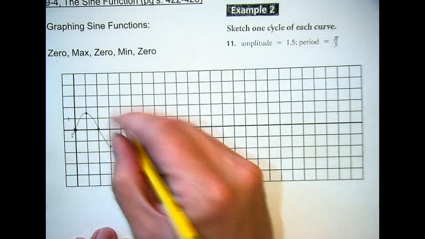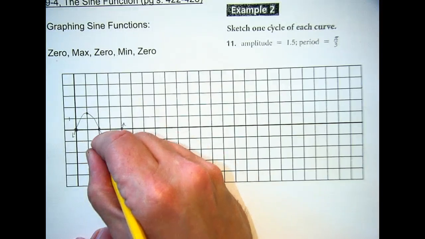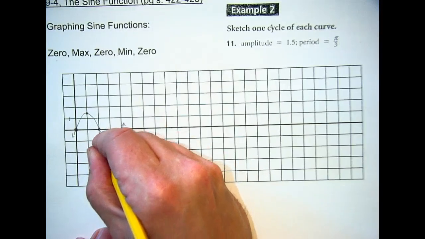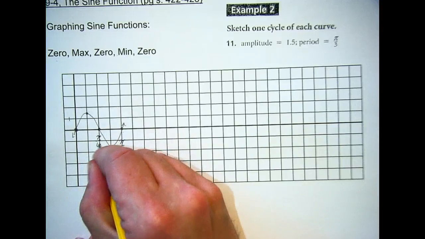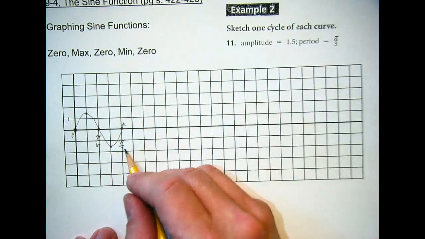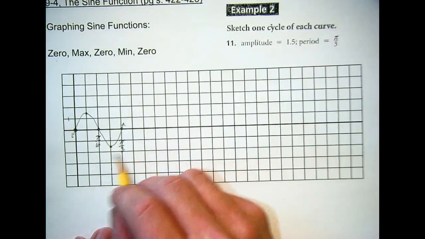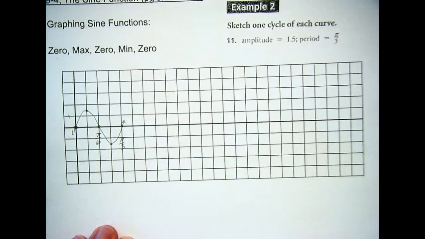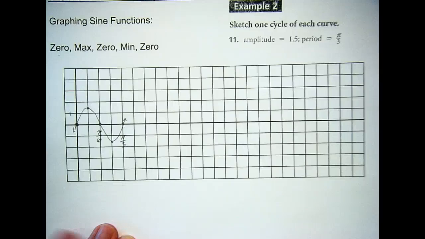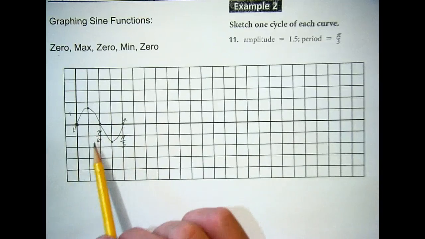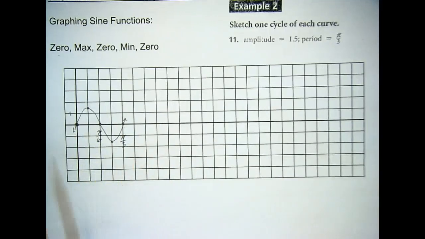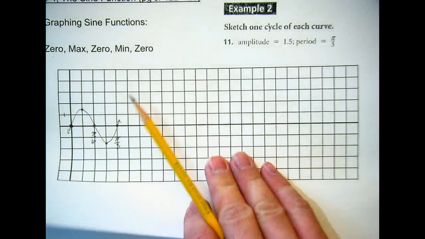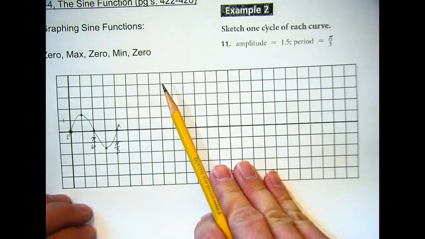So pi over 3. And this is? Pi over 6. Good. You double it when going one way, and cut it in half when you're going the other way. Okay, so does it look like your last graph? Yeah, kind of, but your labels are different. Okay? We got it?